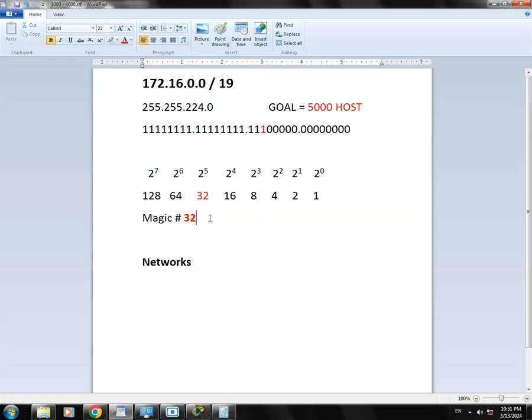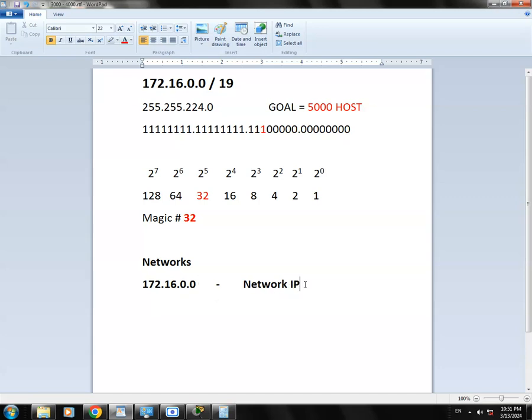So let's create a network. Let's start, and I'll put first the IP address, 172.16.0.0. So this is already the network IP address that we can use. I can put this as the network IP.